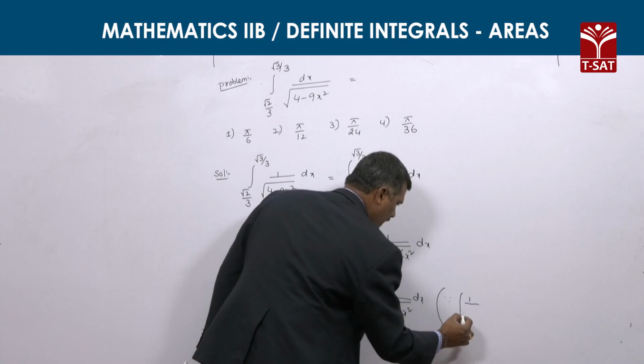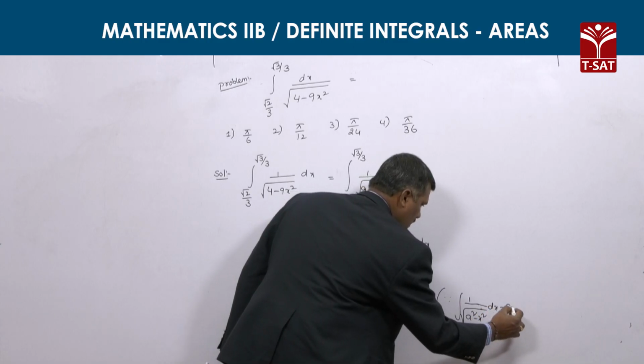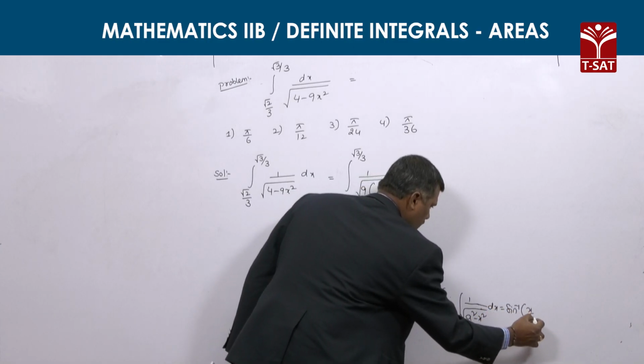Integral of 1 by under root a square minus x square dx is equal to sin inverse of x by a.